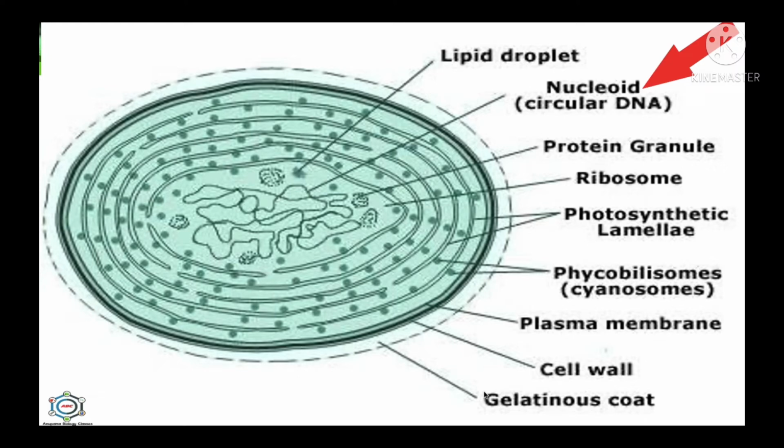In this respect, they resemble the circular chromosome of bacteria. The nucleolus is absent and the nucleoid is not bounded by a nuclear membrane. Other cellular inclusions like gas vacuoles, cyanophycin granules, volutin granules, beta granules, polyhedral bodies, 70S ribosomes, etc. are present.